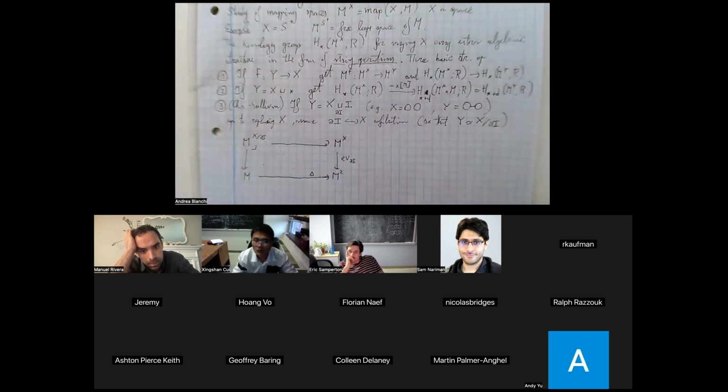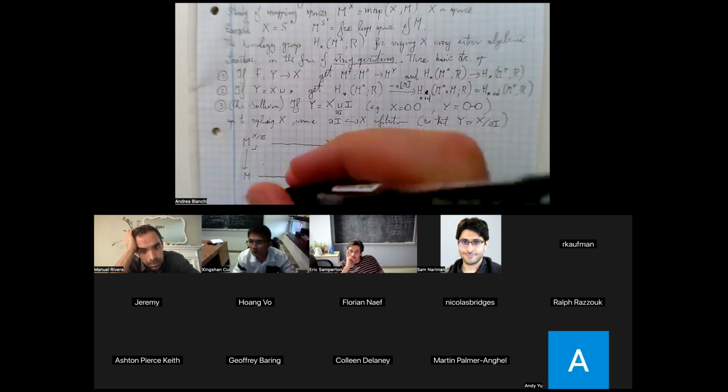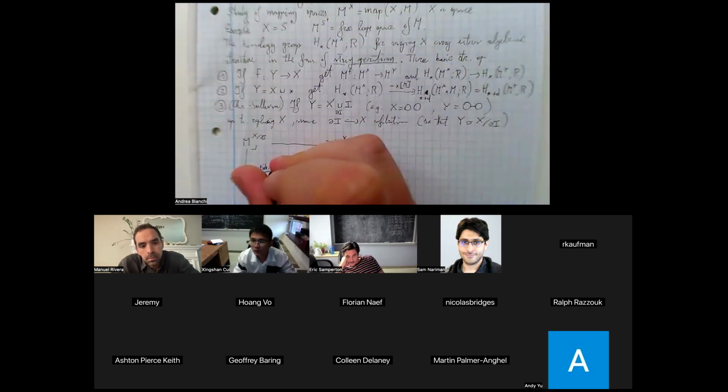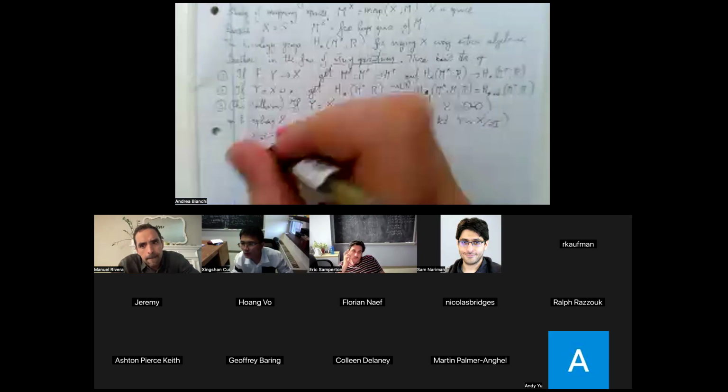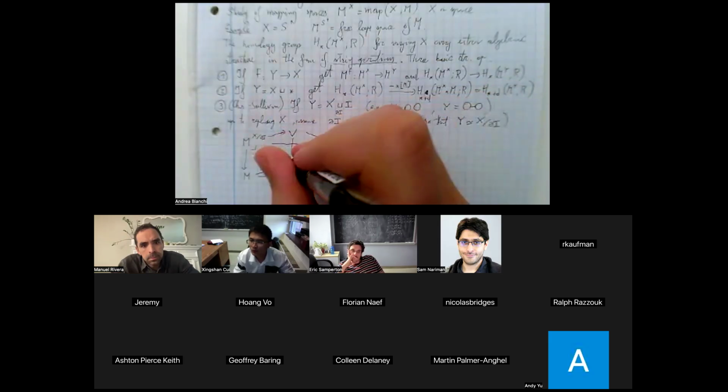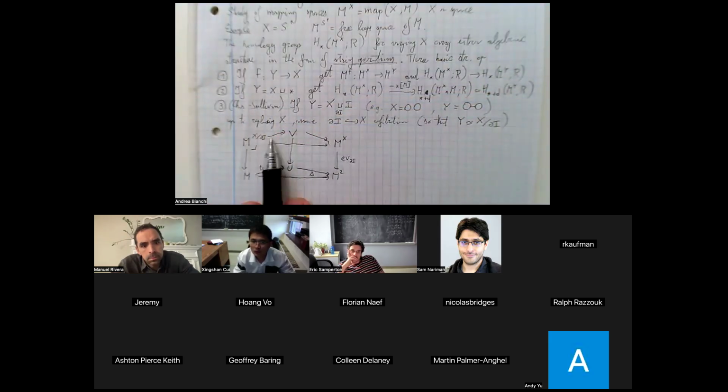Okay, so we have this pullback square, and now the idea is that M is a submanifold of M squared, and in particular, it admits a tubular neighborhood U inside M squared. Similarly, you get a tubular neighborhood of M to the X modulo delta I inside M to the X. These spaces are infinite dimensional, not quite manifolds, but it's still true that this space admits a normal bundle inside this space.